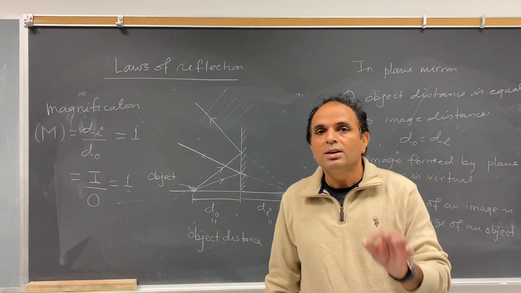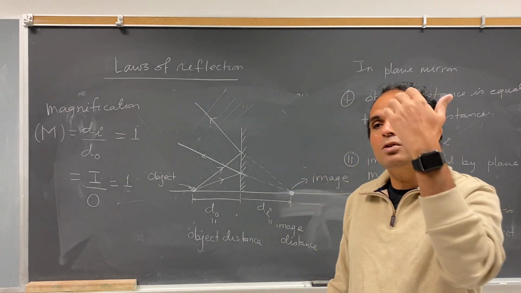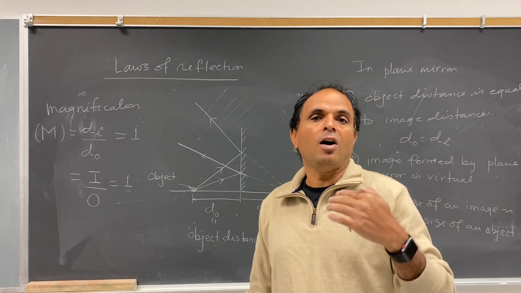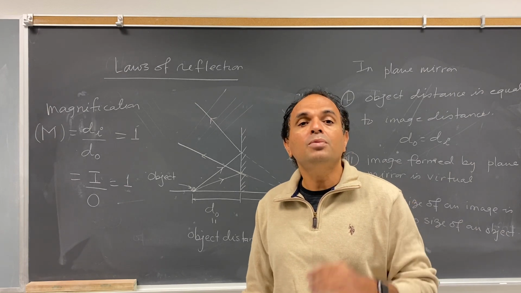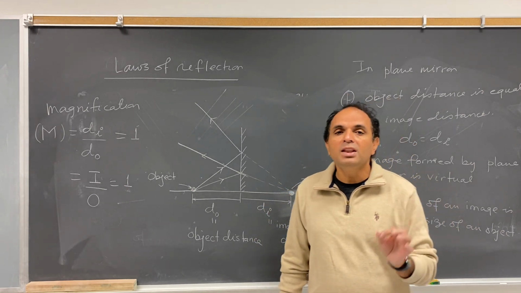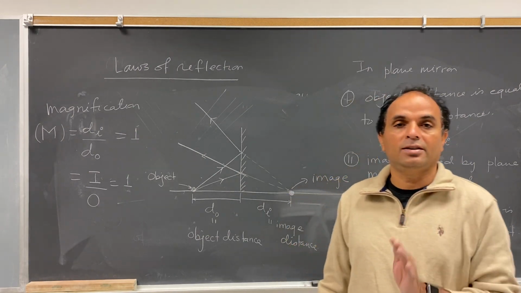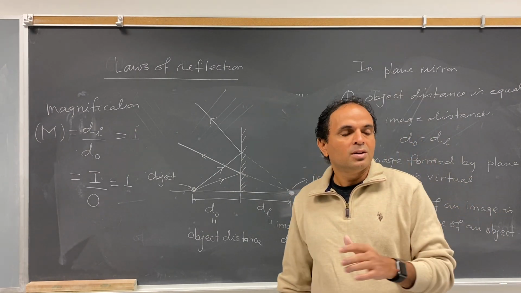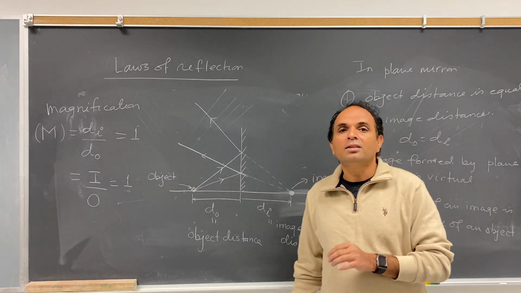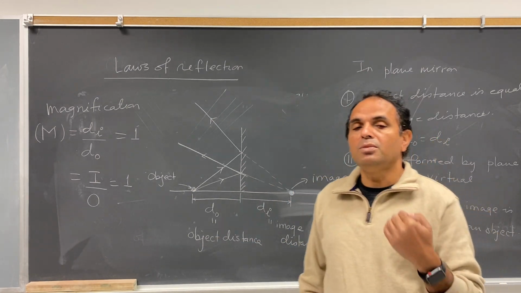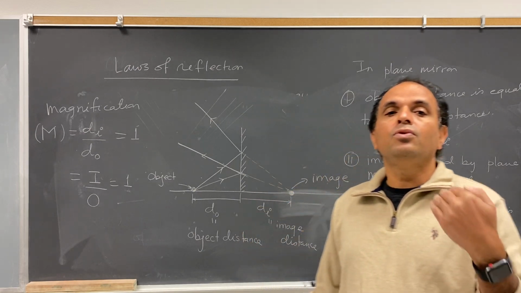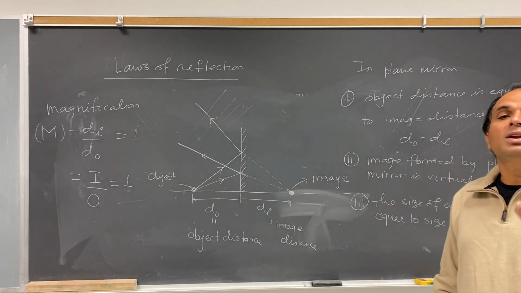So please note down, the minimum height to see your full image is half of your height. If you are 6 feet tall, the minimum size of the mirror, minimum height of the mirror is 3 feet. We can derive that formula also, but right now I am not going to do that. So the minimum height of the mirror to see your full image is half of your height.